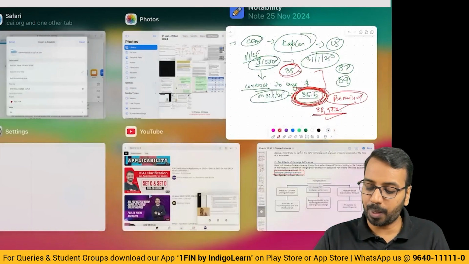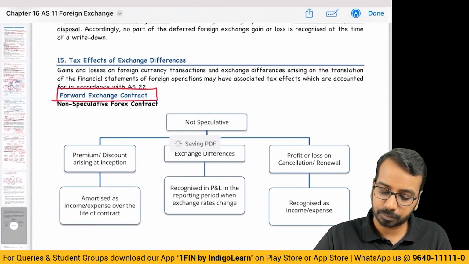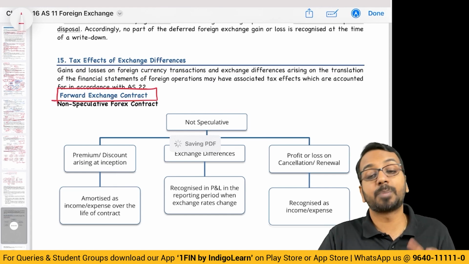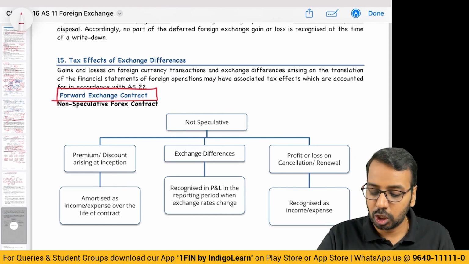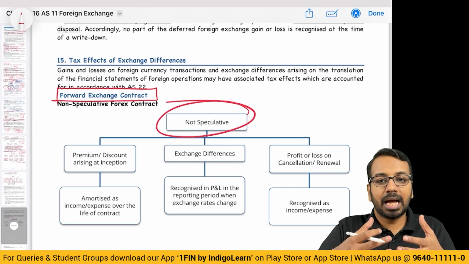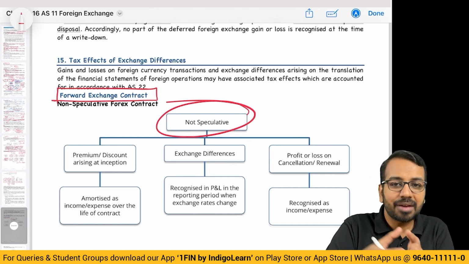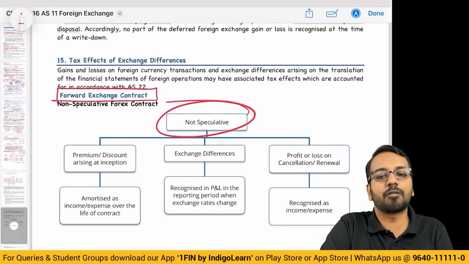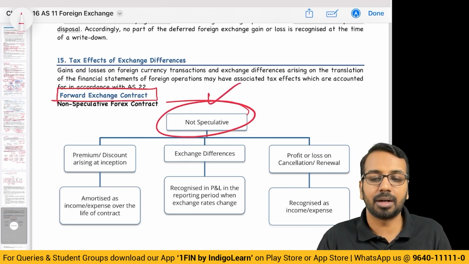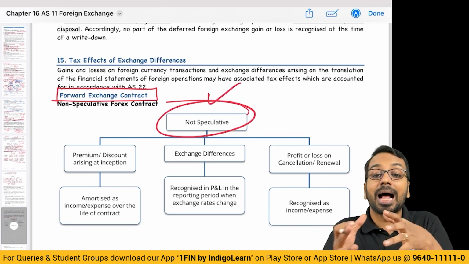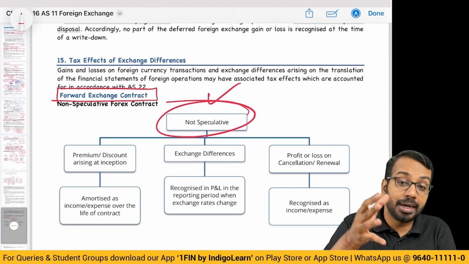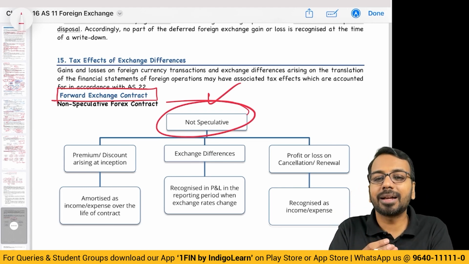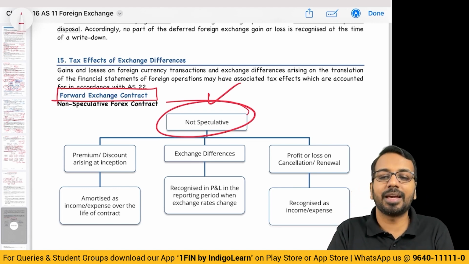Now the accounting treatment depends on whether it is speculative or non-speculative. What is the meaning of speculative and non-speculative? Non-speculative means I am entering into the transaction to safeguard myself. I don't want the risk of paying extra. Speculative means I am entering into the transaction to make gain or loss because of exchange rate differences.